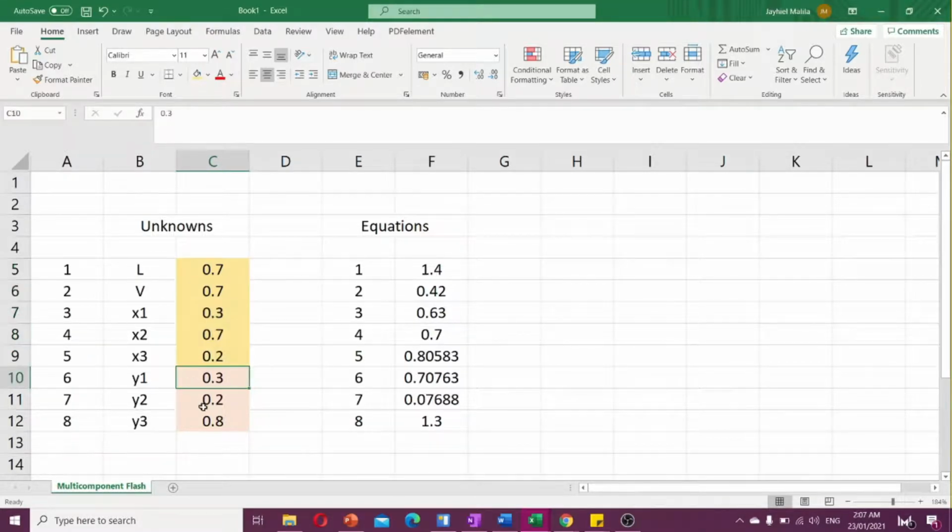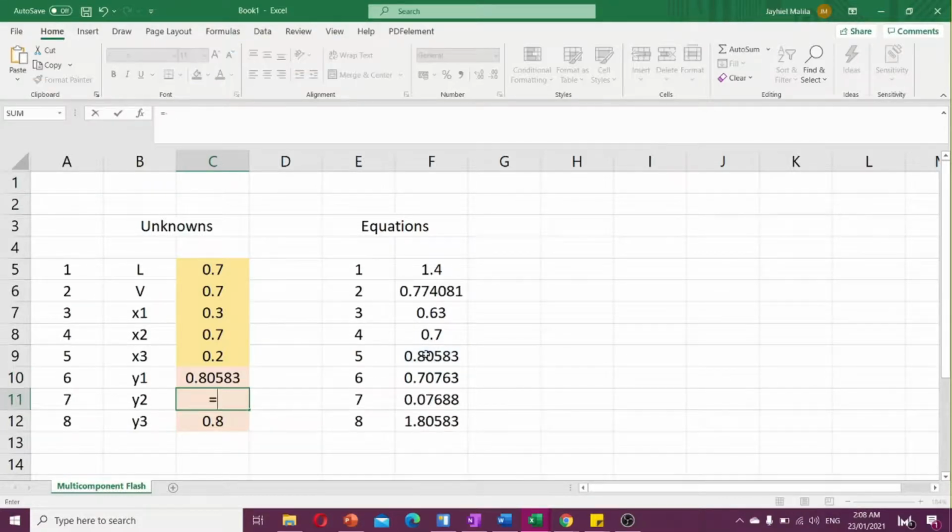But the y1, y2, and y3 should be dependent, so it means that these unknowns over here should be connected to the equations over here. I hope you get my point here. Because if you notice, if I don't do this, there will be no connections between x1 and y1, right?